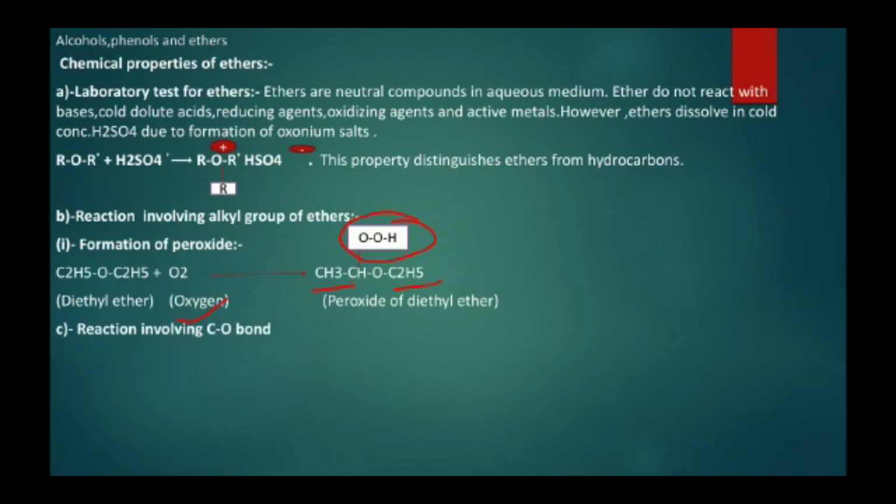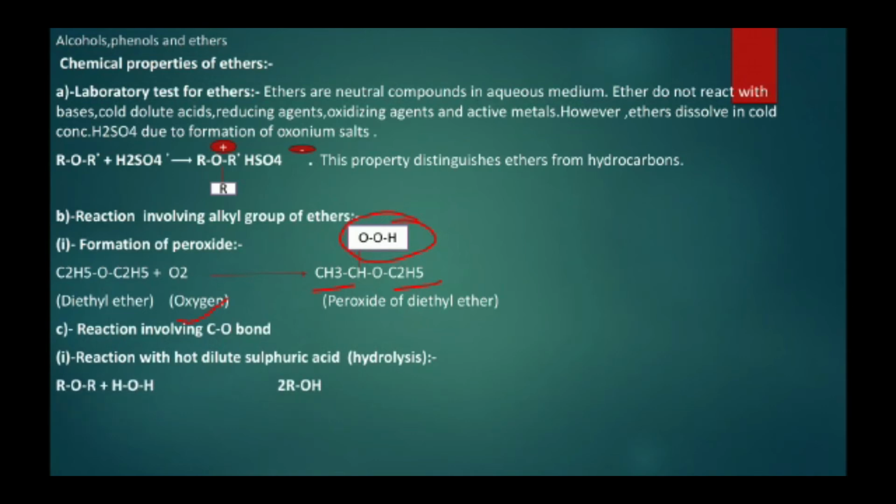Reaction involving carbon-oxygen bond. Reaction with hot dilute sulfuric acid, that is called what? Hydrolysis. After hydrolysis, ethers convert into alcohols under pressure.